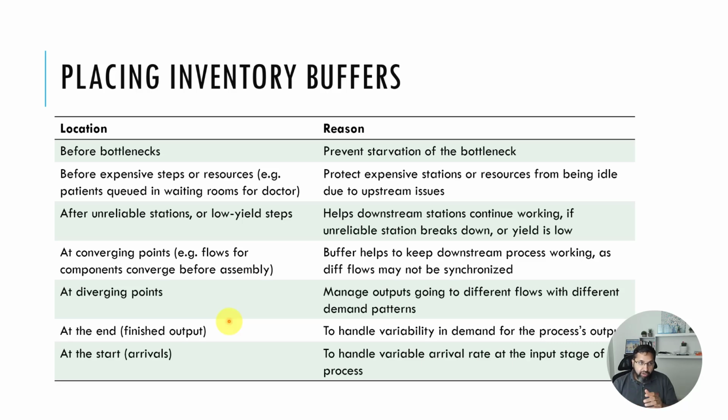So at the very end of the process, sometimes it makes sense to have a little bit of safety stock to handle demand variability. And at the very start of the process, where raw materials or components come into your factory, you may want to have a little bit of inventory there, because what if shipments are delayed? Okay, if you notice the world today, there's a lot of disruptions happening in supply chain.